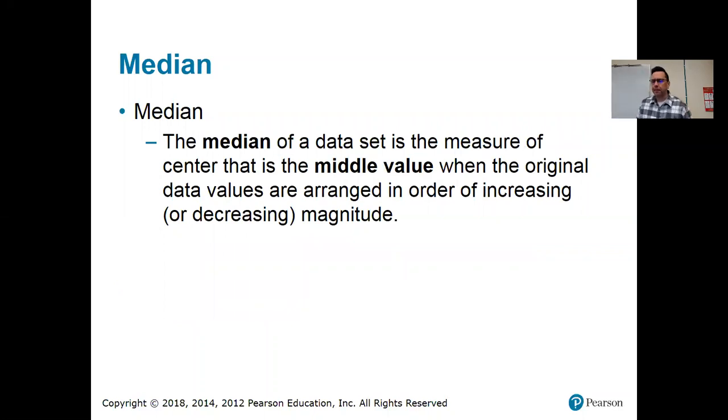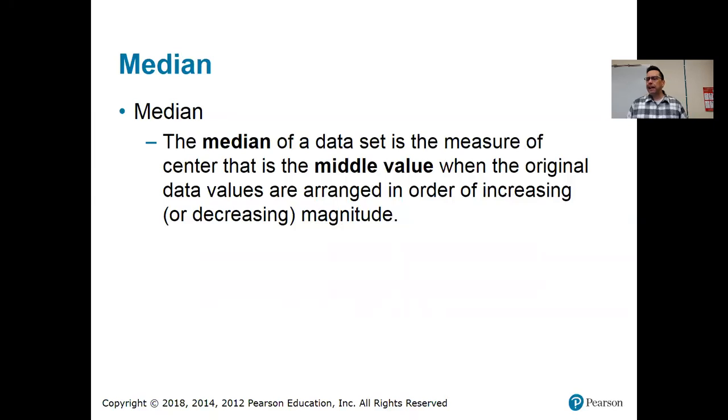Okay, that brings us to the median. The median is less familiar to a lot of people. I do hear it used sometimes in the news, and every time I hear it used in the news or in a podcast, they always explain what it means. They define it, because I guess a lot of people don't know what it is.